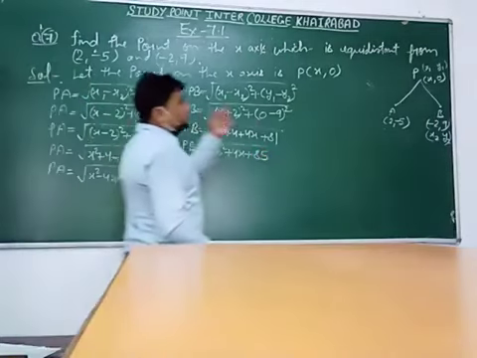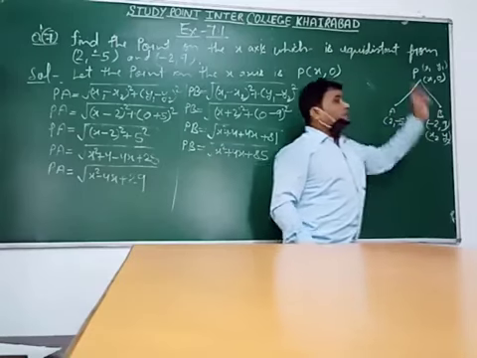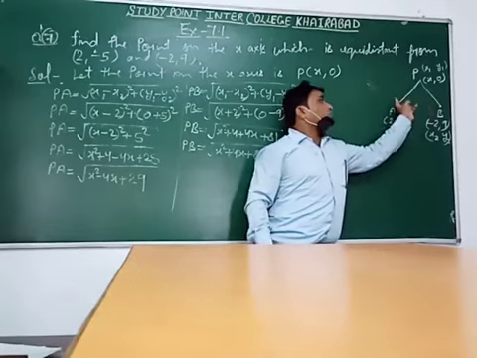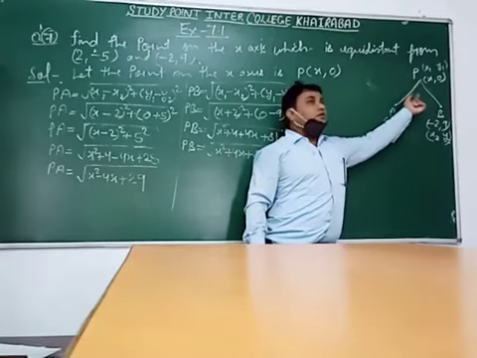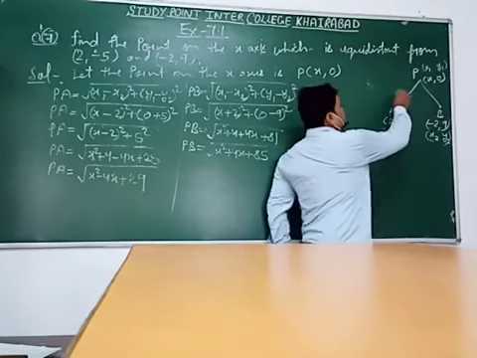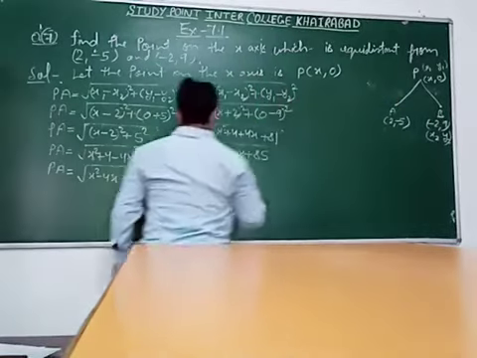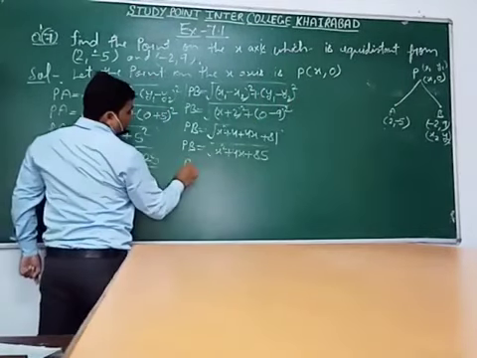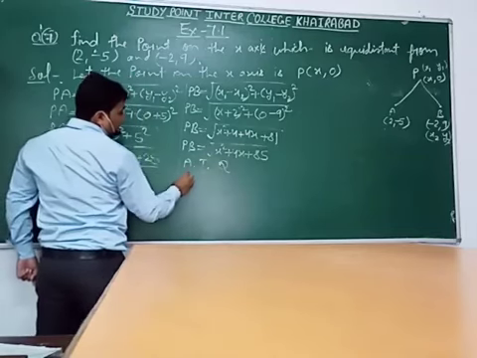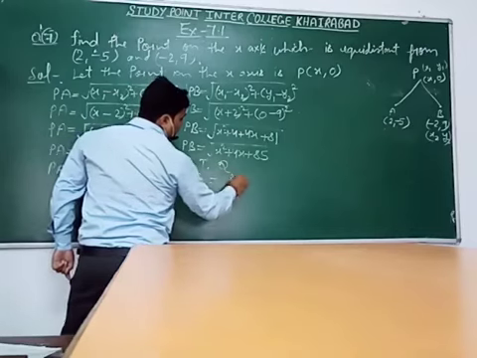Since this point is equidistant from these two points, PA equals PB, because P is at equal distance from A and B. According to the question, PA equals PB.